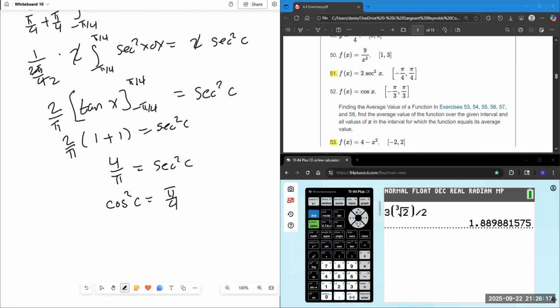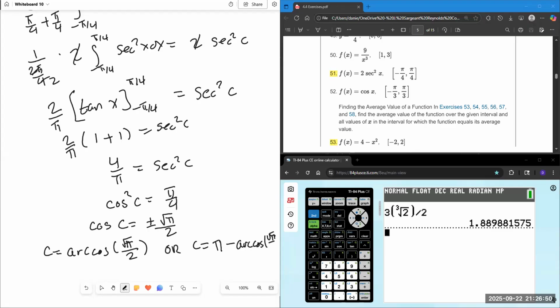And cosine of c is plus or minus square root of pi over 2. So c is equal to arc cosine of root pi over 2, or c is equal to pi minus arc cosine of root pi over 2.